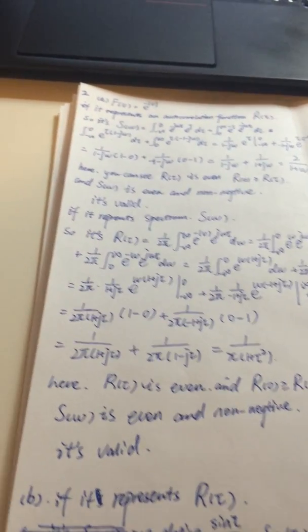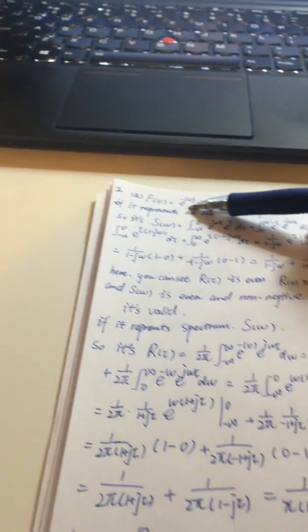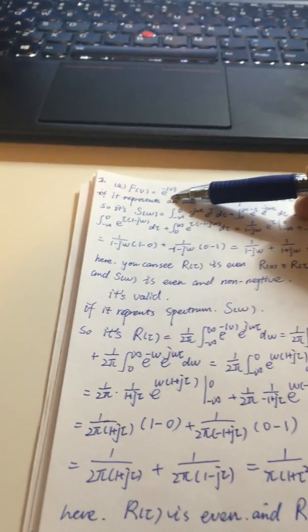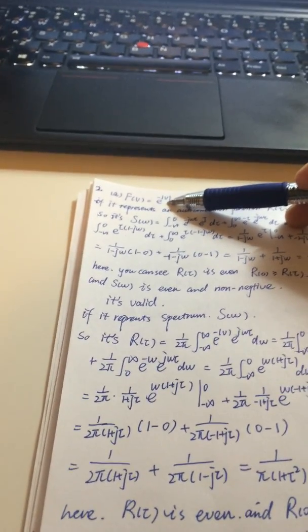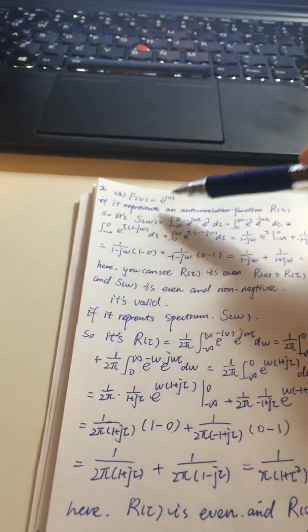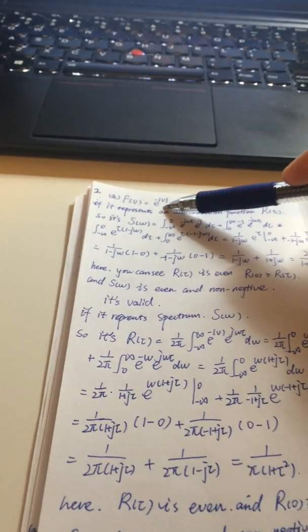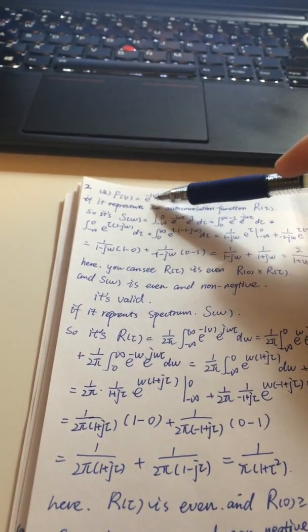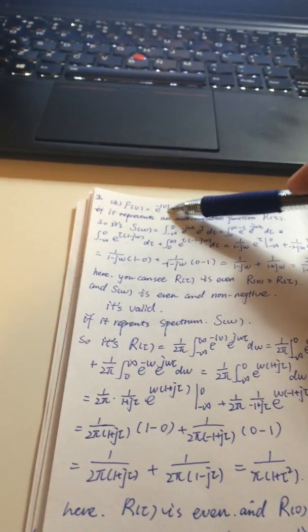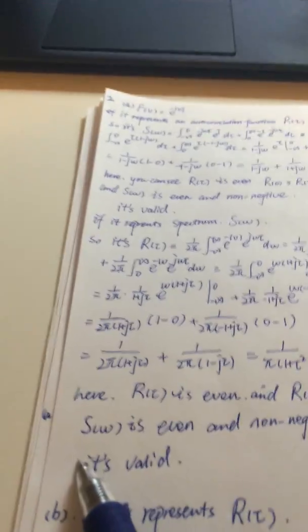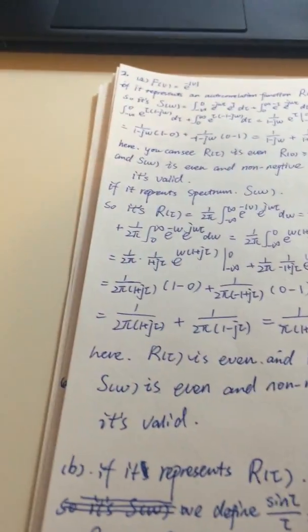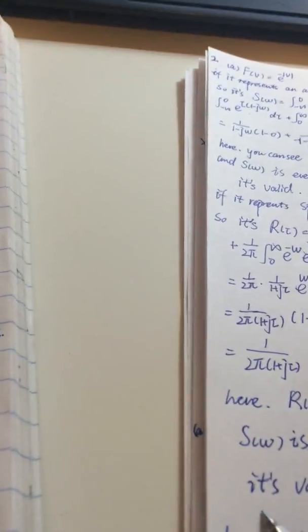From before, because we assumed it is the spectrum and evaluated it, we see it is even and non-negative. So the spectrum is even and non-negative. So it's valid.